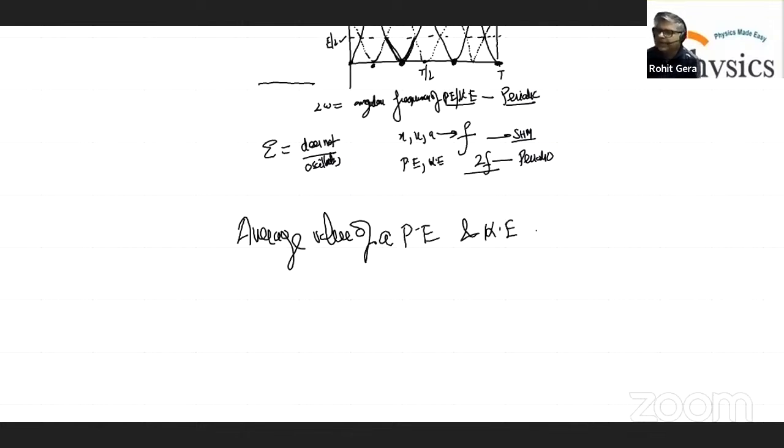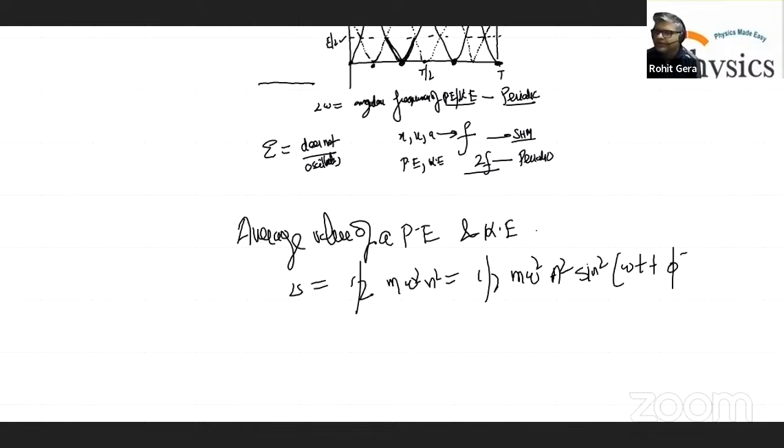How do you calculate the average? So what you do is you say, okay, my potential energy is half of m omega square x square is equal to half of m omega square a square sine square. And supposingly I take the complex case where there is an initial epoch. So at t is equal to 0, there is some initial position it has. So U average, the average.